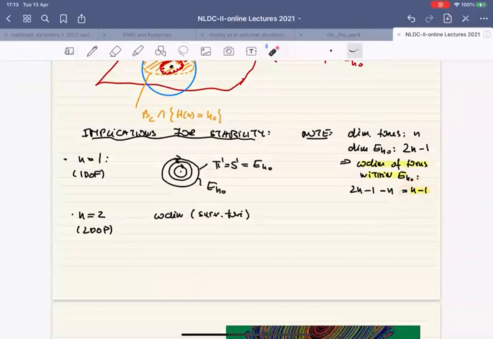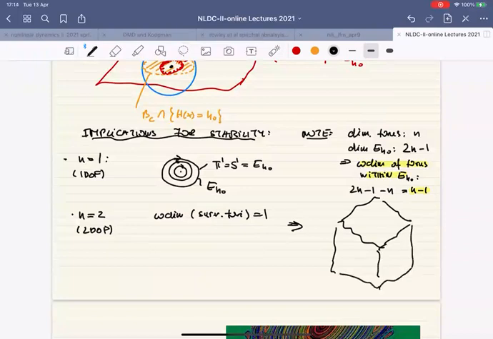Is 1, right? Because 2 minus 1 is 1. So if you want to have a picture, then the energy surface is 3-dimensional. So I can think of it as something that I could draw like this, a volume. That's the energy surface of a 2 degree of freedom Hamiltonian.